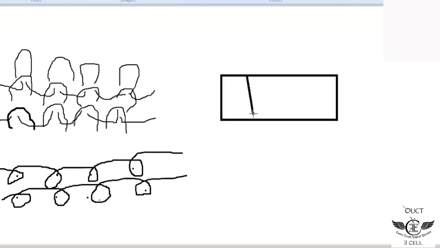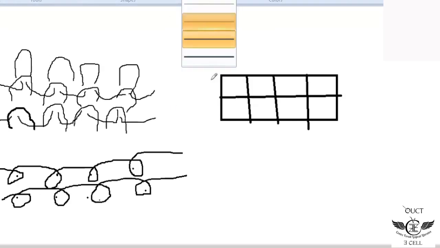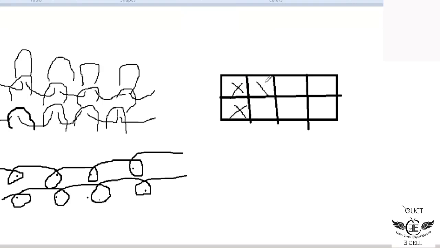Now I am going to draw the graphical diagram. There are 4 wales, right? So we have to draw 4 vertical ladders. Face can be represented as a cross mark. If there is a technical back, if they give you any technical back, you have to place a 0 here.